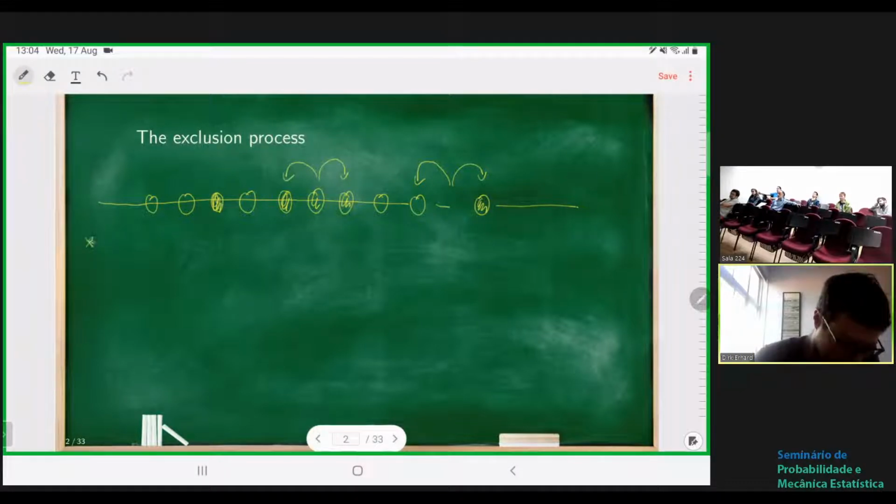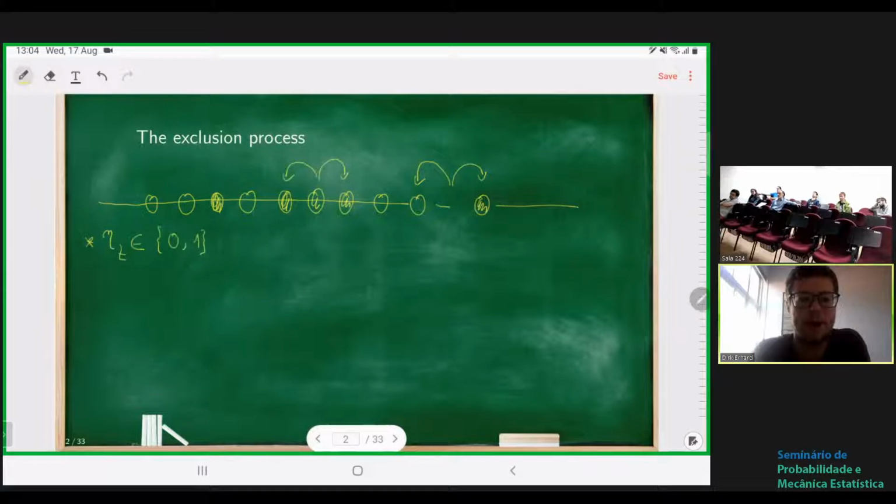Formally, what is happening is that for each time t, the configuration at time t, eta_t, can take two values. At each site, there may be either no particle, 0, or a particle, 1.